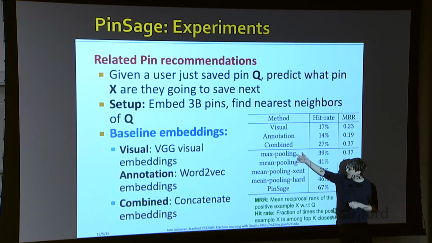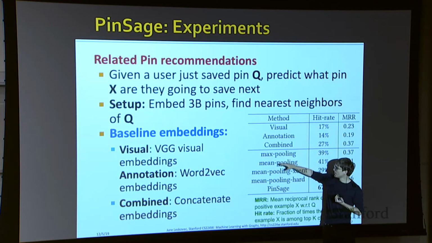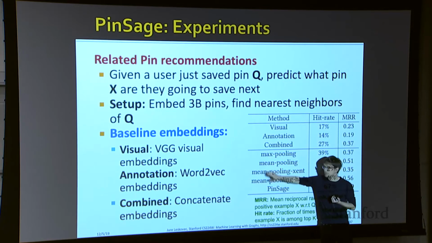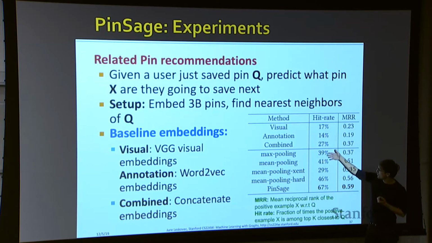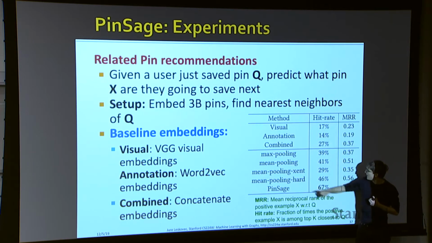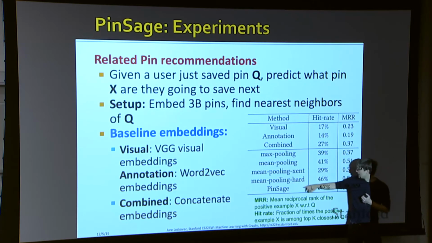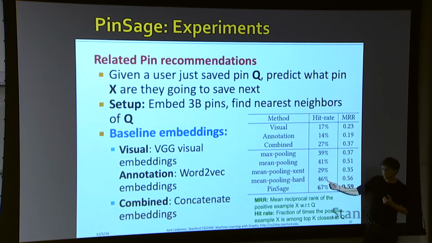Now, here are the graph-based techniques. If I'm just aggregating information from all the neighbors, here I'm using the max, here I'm using the mean, I get between 39 and 41. So I do 50% better than what vision can do. If I'm using hard negative examples, that further improves.